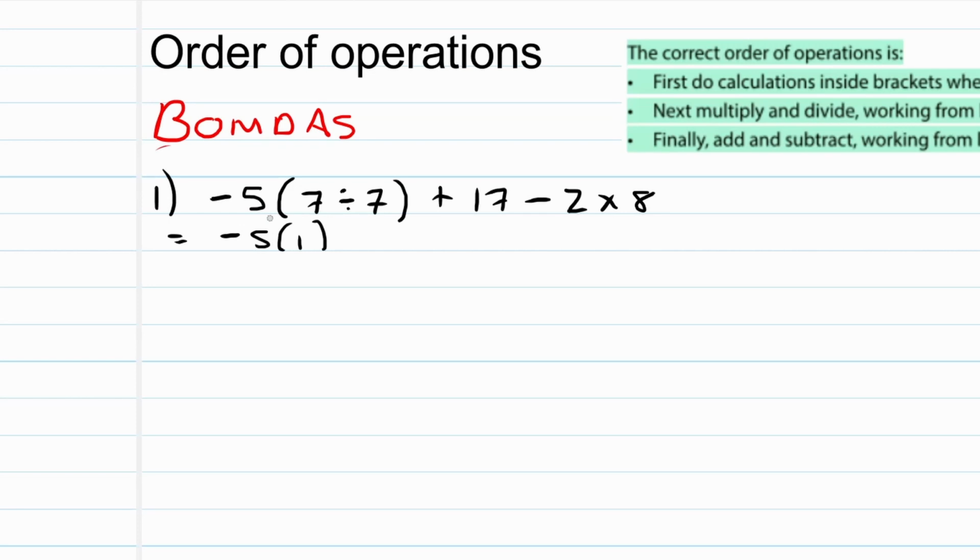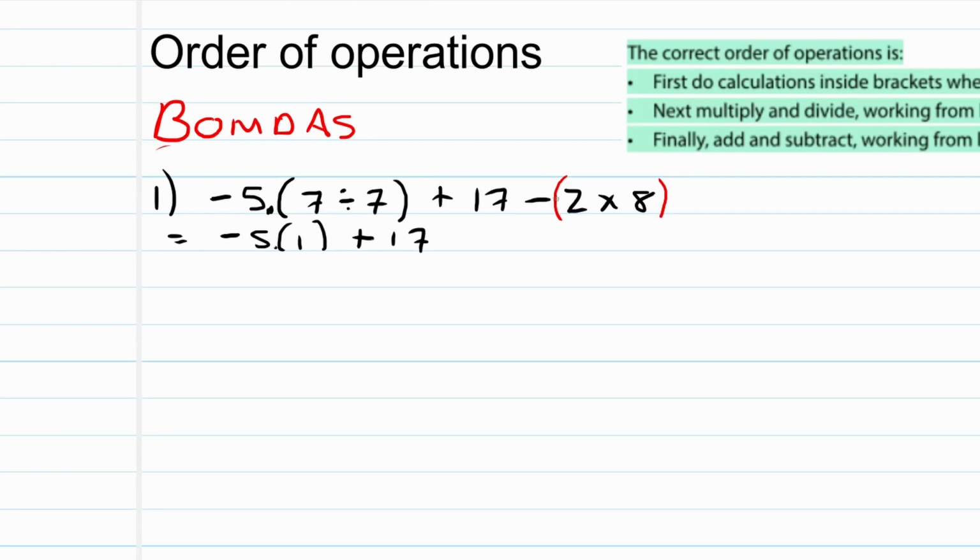Remember, when a number stands next to a bracket, as in this example, like -5 times the bracket, that's what it means. Okay, so then we still have the plus 17, we're just going to write down as is, minus 2 times 8. Now it's important to notice here that the multiplication has a higher order than add and subtract.